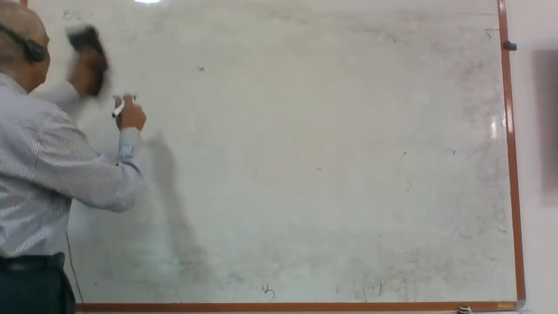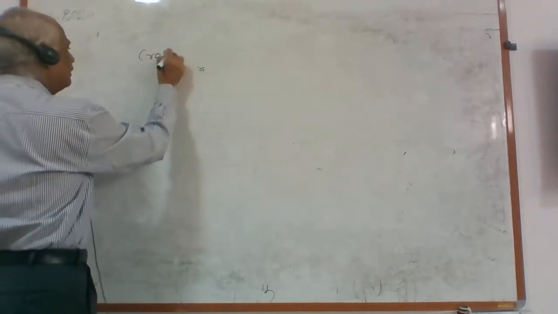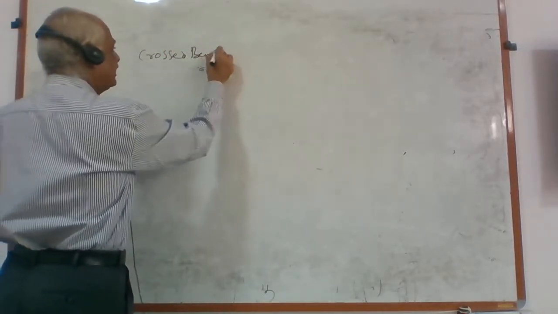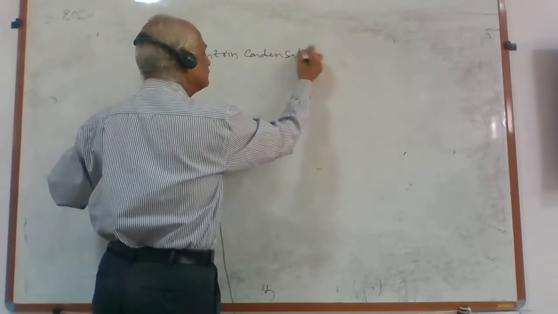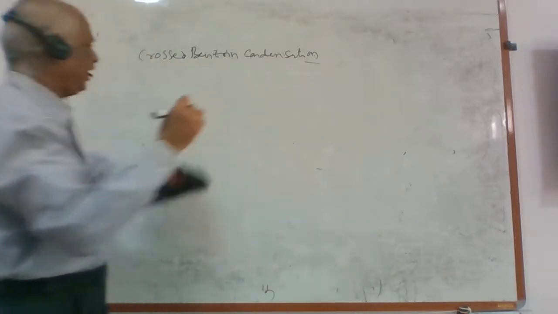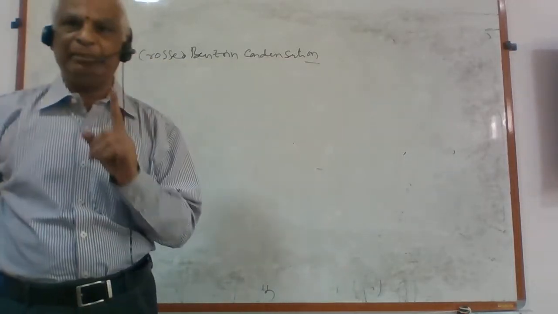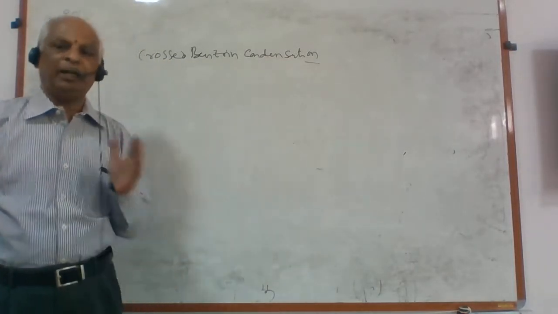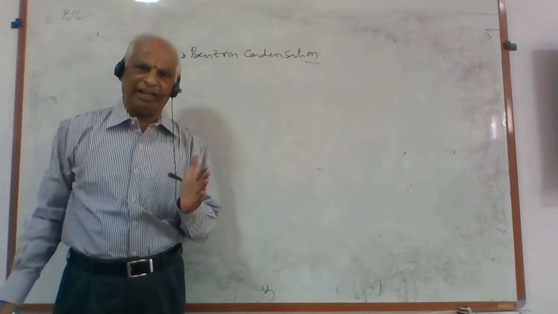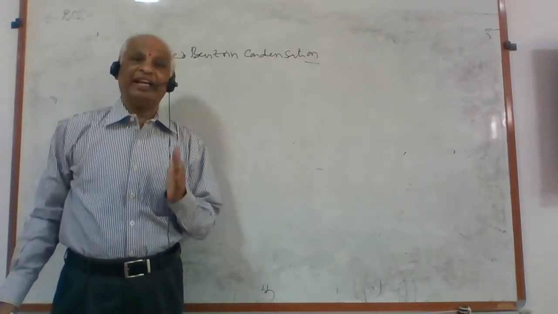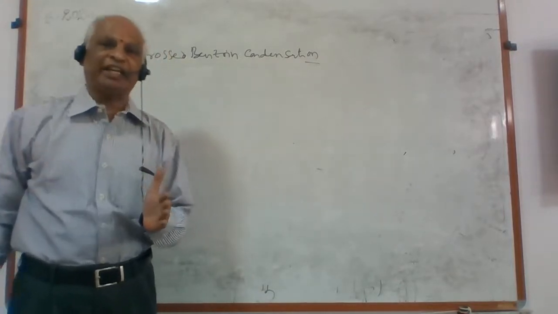Let us see what a crossed benzoin condensation is. So already we have seen para-dimethylaminobenzaldehyde and para-nitrobenzaldehyde. Both are unreactive aldehydes when they are treated with potassium cyanide alone.